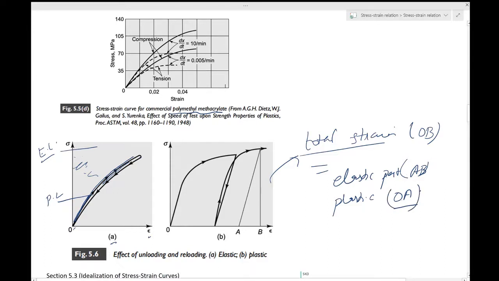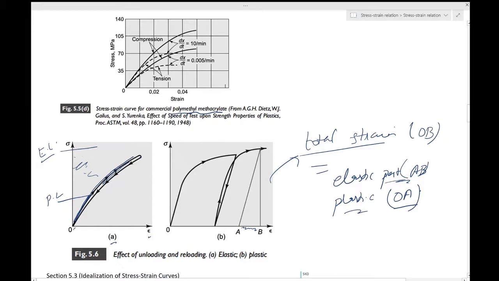As you know, the elastic part is such that this AB will come back to 0 if you remove the load, and the plastic part will not come back to 0.